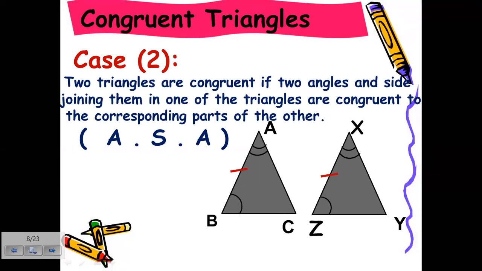Two triangles are congruent if the two angles and the side joining between them in one of the triangles are congruent to the corresponding parts of the other. This is angle side angle.